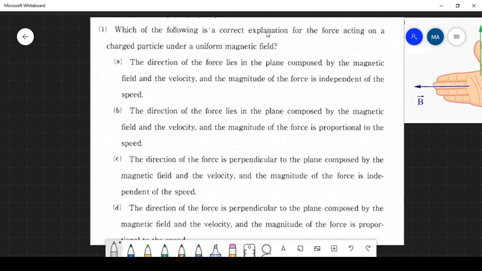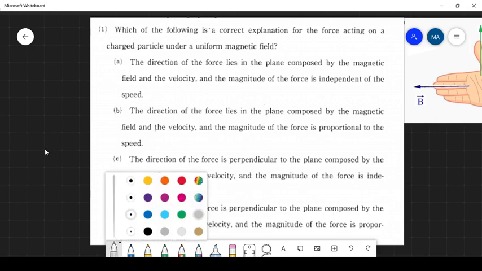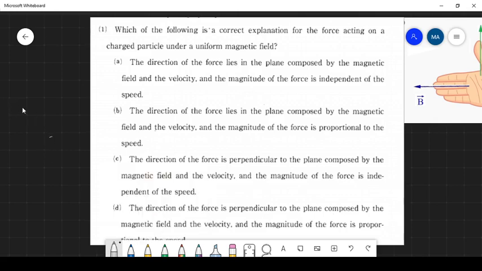Which of the following is the correct explanation for the force acting on a charged particle under a uniform magnetic field? It's a question that doesn't have to do exactly with that picture. It's just how the force is in a magnetic field. The direction of the force lies in the plane composed by the magnetic field and the velocity, and the magnitude of the force is independent of the speed.